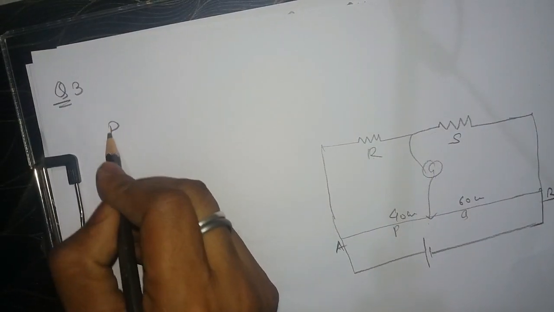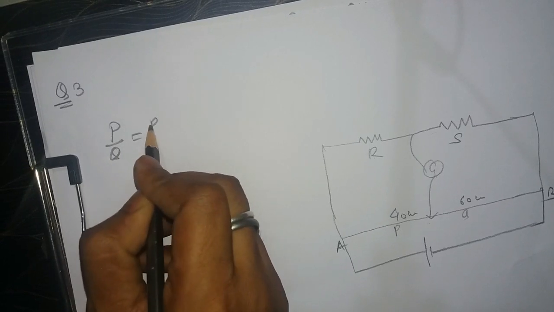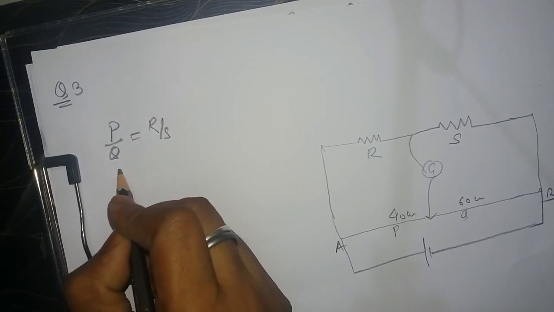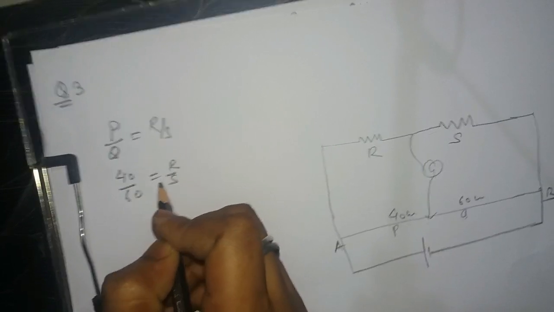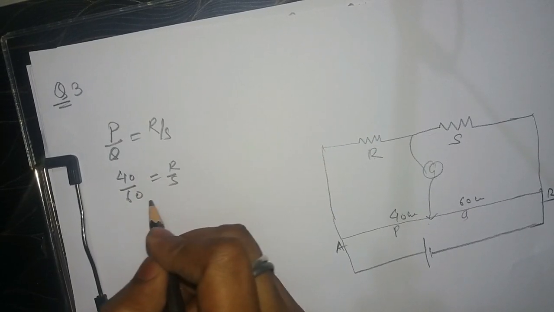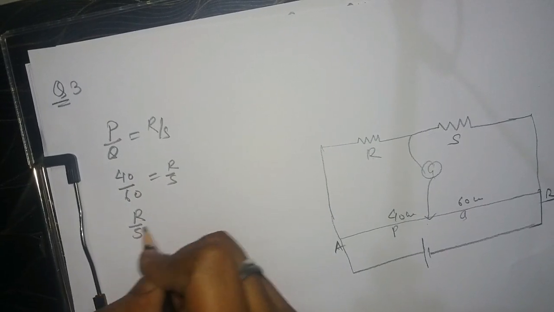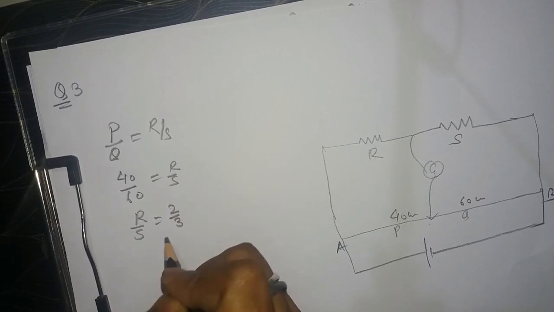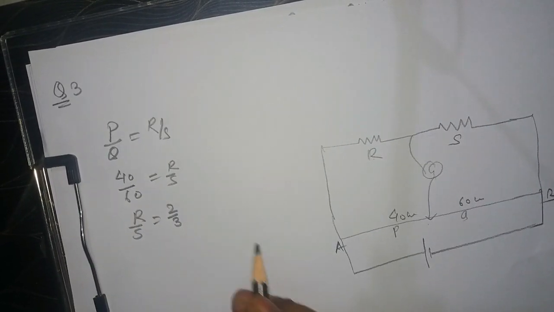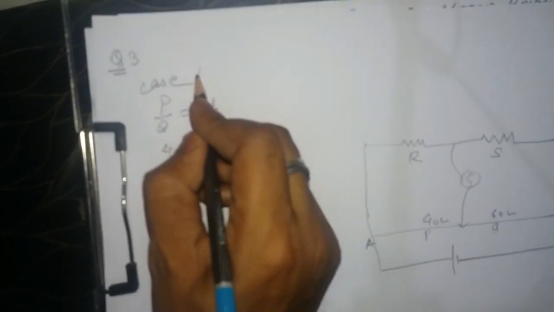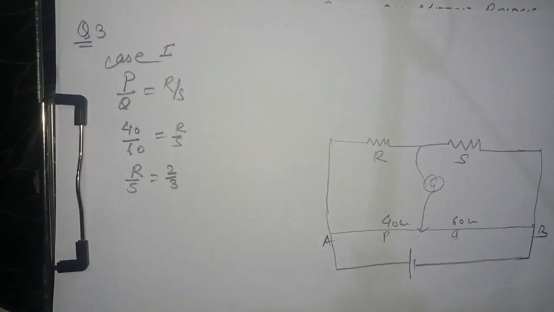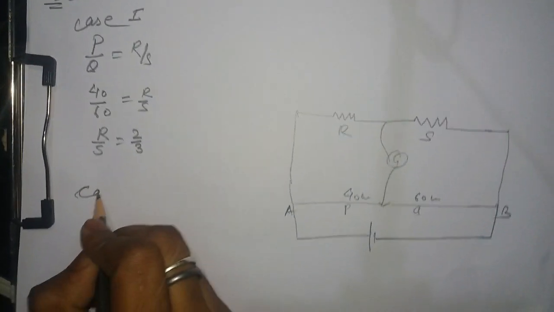Now P upon Q equal to R upon S. That is 40 by 60 equal to R by S. Now R by S equal to 2 by 3. This was case 1. Now case 2. What is case 2?